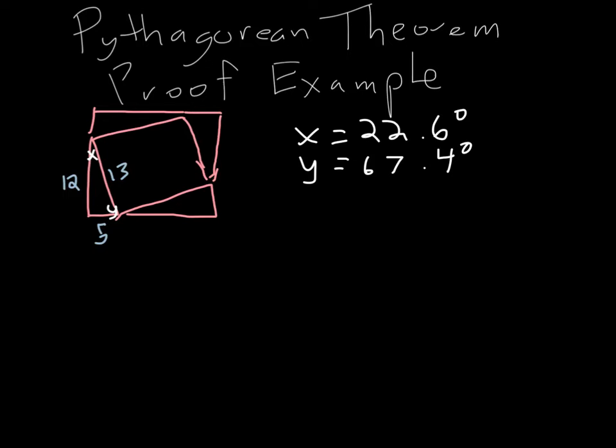So remember, we said, this angle here on the second triangle is the same as y, since it's the same triangle. So let's make that y.